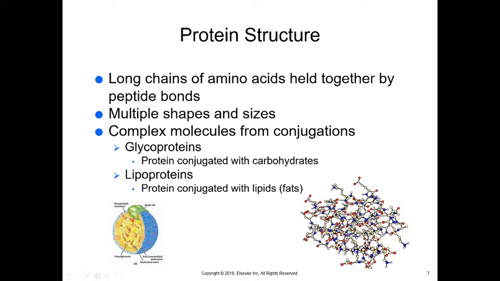If you look on the right-hand side, this is an example of a glycoprotein structure. And then lipoproteins are proteins that are conjugated with lipids or fats. This is an example of a cell in a lipoprotein. Within this, we have a phospholipid monolayer, a receptor, free cholesterol, cholesterol esters, and triglycerols.